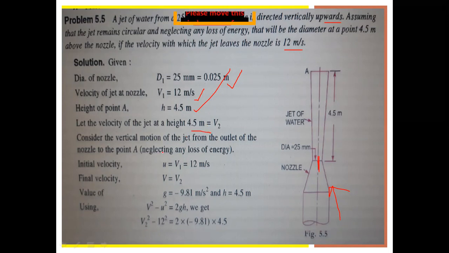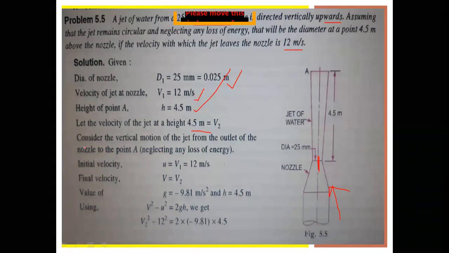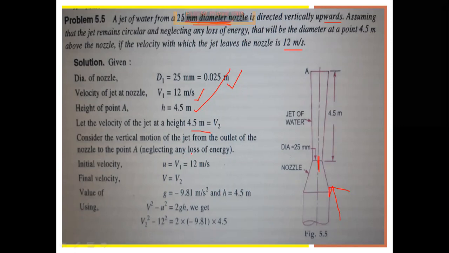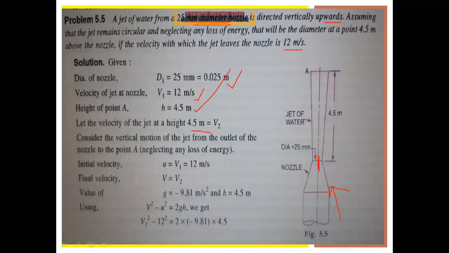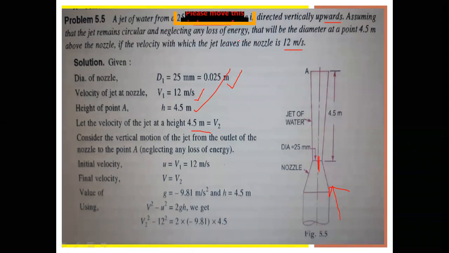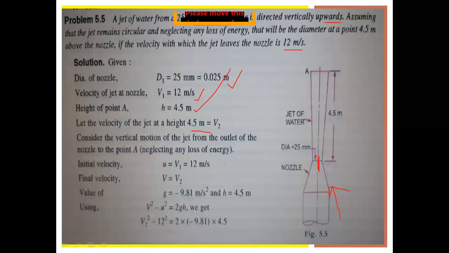Initial velocity u equals v1, which is 12 meters per second, the velocity at which the jet leaves the nozzle. Final velocity v equals v2. Here h is 4.5 meters, and g is 9.81 meters per second squared.